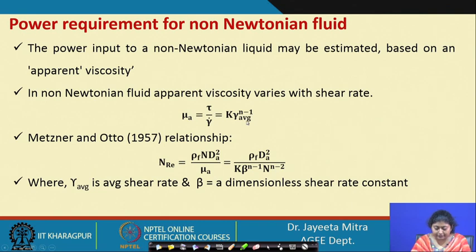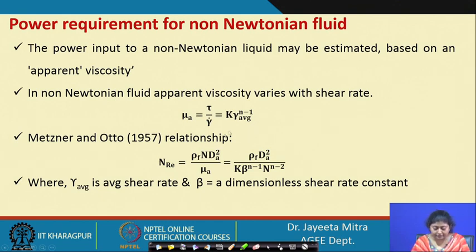So, if we put in the value of shear rate, and shear rate can be expressed as the velocity gradient, that is velocity by the distance.